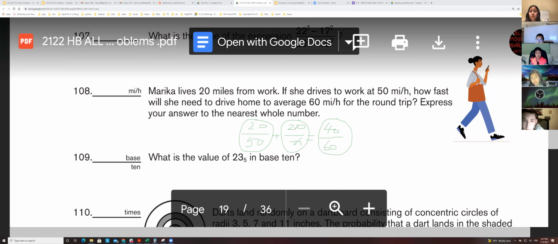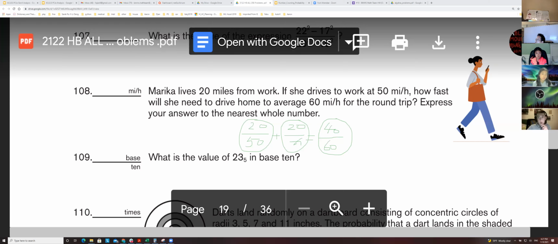This is 20 over the speed of x, what we want to know. So this would be a simple solving: basically 4 over 6 minus 2 over 5, and then you inverse them and you can solve x to be 75. That's perfect. Thank you, Sylvia.